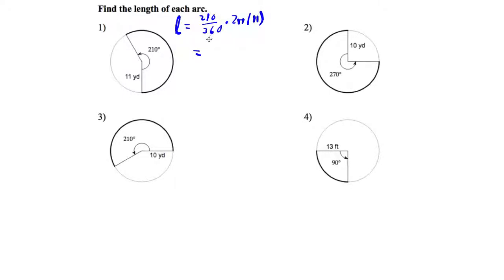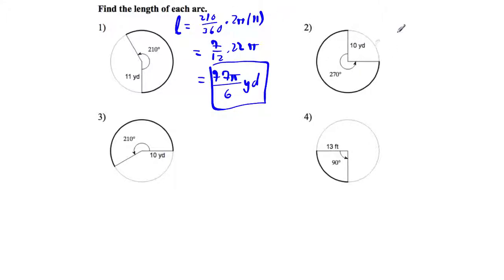So 21 over 36 reduces to 7 over 12. So 7 over 12 times 22 pi. And we can reduce all of this to 77 pi over 6 yards. And that's the first one there.